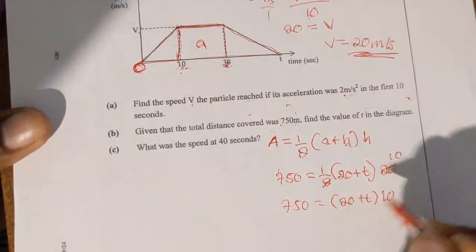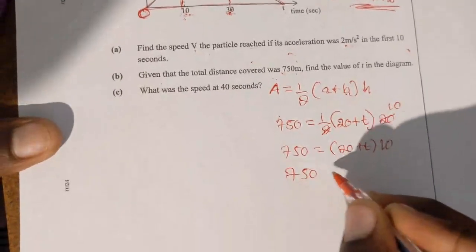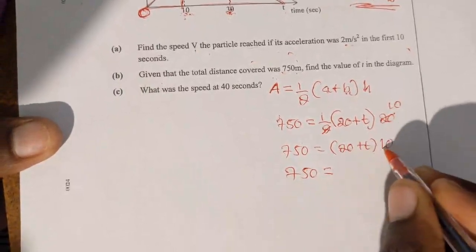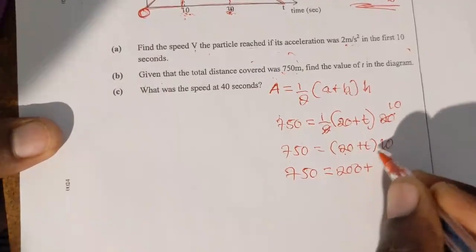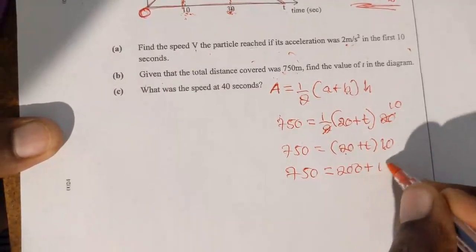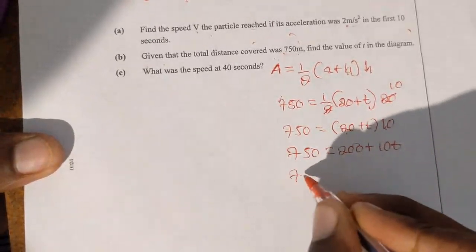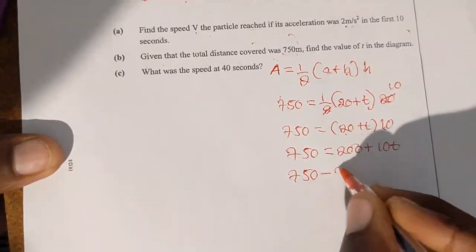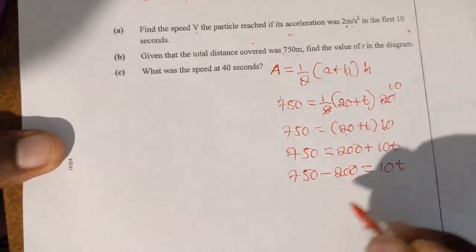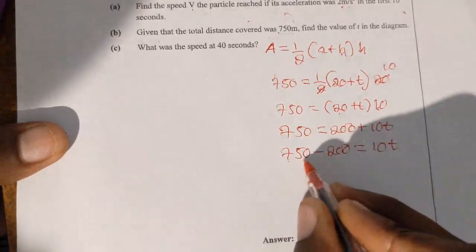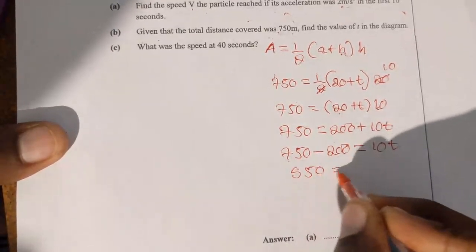It's going to be 750 is equal to 10 times 20, that's 200, plus 10 times t, that's 10t. Then you collect the like terms, so it's going to be 750 minus 200 is equal to 10t. So then 750 minus 200, you're going to have 550 is equal to 10t.